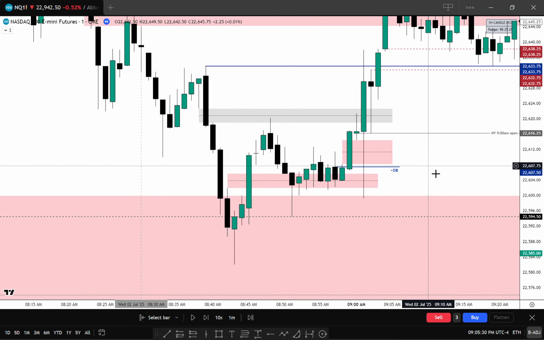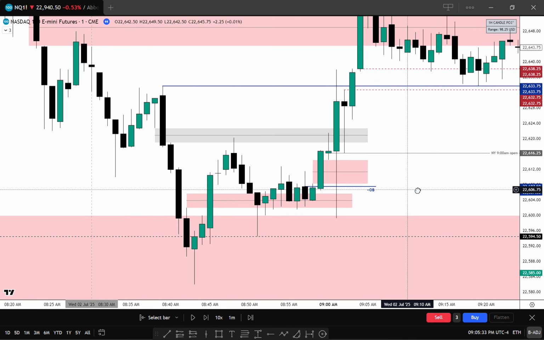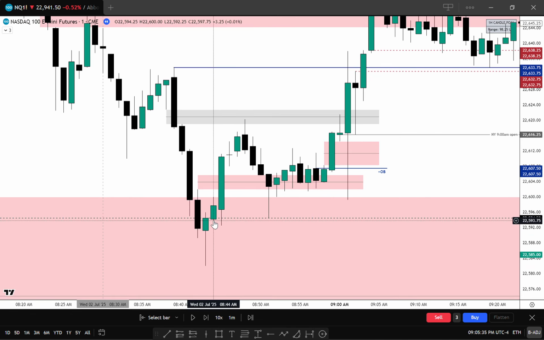Third candle, the third bullish candle after the manipulation. So which manipulation are you talking about?